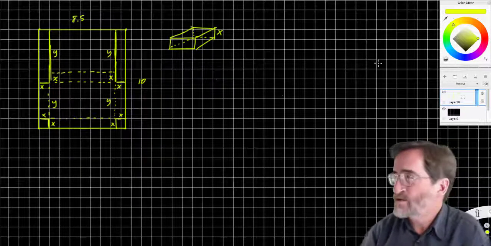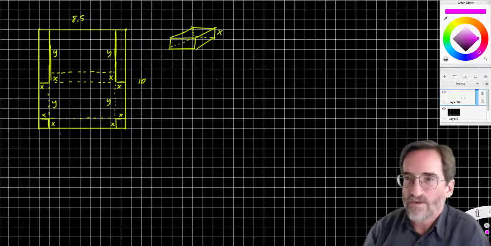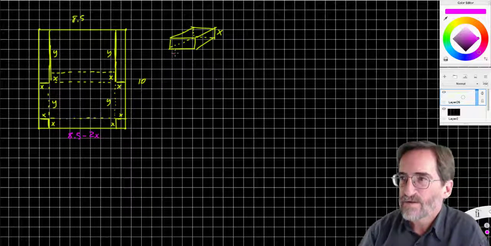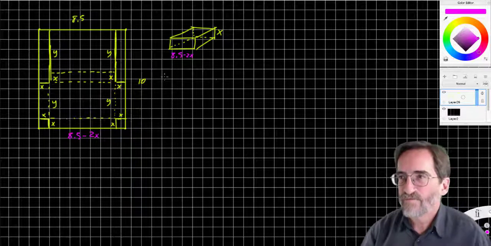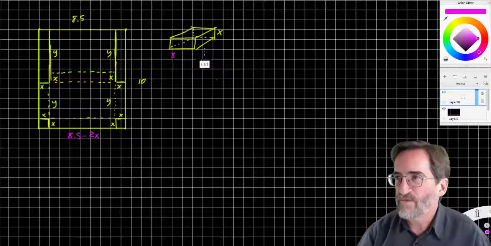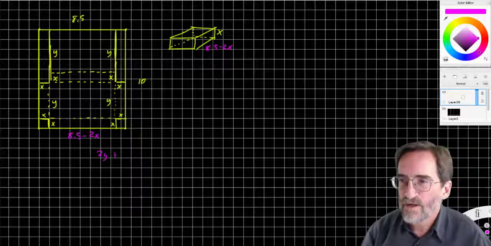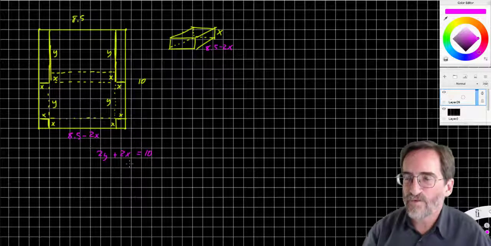I can figure out some of them. I know, for example, if I take an x off both ends, that this is 8.5 minus 2x. So that's 8.5 minus 2x. Okay? Actually, that's the long dimension, so 8.5 minus 2x. But this one's a little tougher to figure out. If I figure it out this way, I look at it this way here, there's two y's and there's two x's that together make 10 for the vertical height.